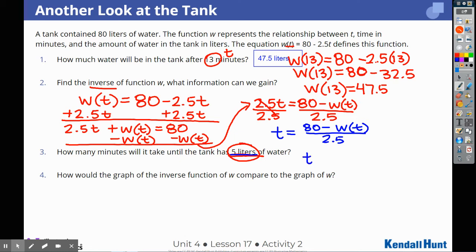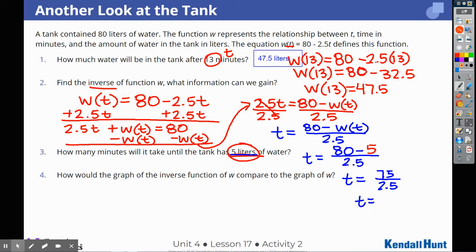So we'll replace that: t equals 80 minus, and instead of W of t, we're going to put 5, divided by 2.5. Okay, and so you just have 80 minus 5, so we're going to keep solving this down. And 80 minus 5 is 75, and we need to divide that by 2.5.